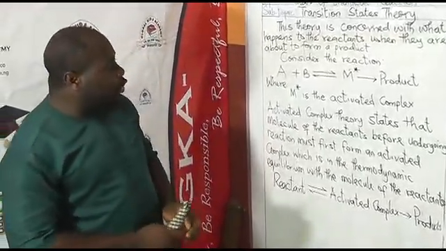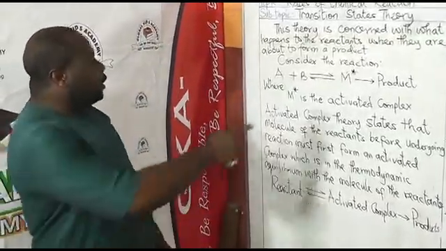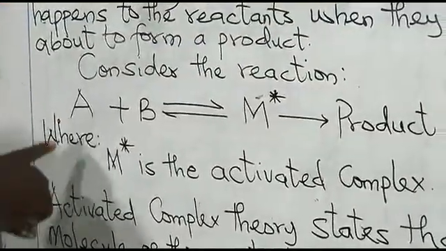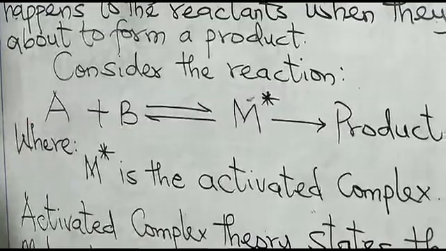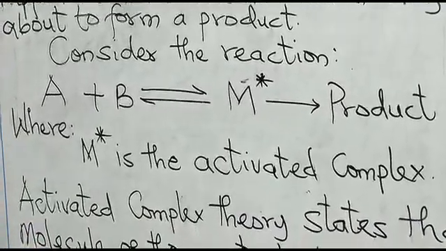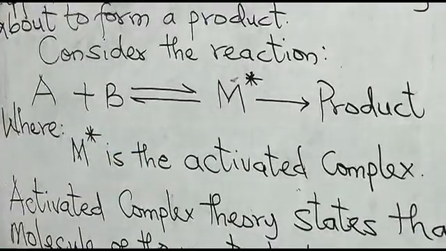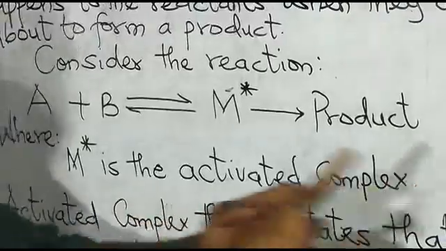Consider this reaction where we have a reactant A and reactant B colliding together and forming M star. This M star is the activated complex.